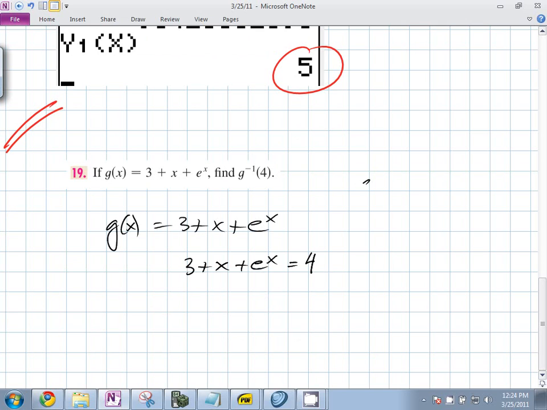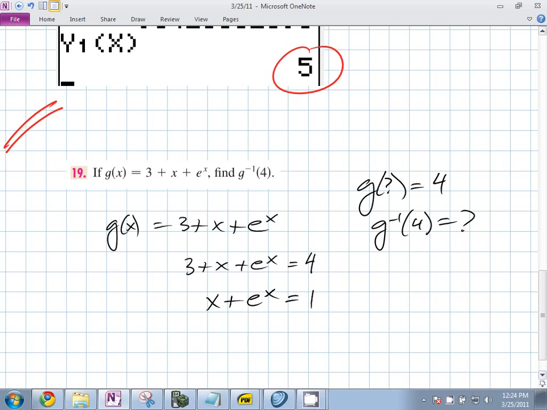Because look, if you know g of x is equal to, you want to know what g inverse of 4 is equal to question mark, which means that g of question mark is equal to 4. So we need to find out g of what is equal to 4. How do we solve this? x plus e to the x is equal to 1. Now, it is possible to do that in your head. It is possible, but can you do it algebraically?